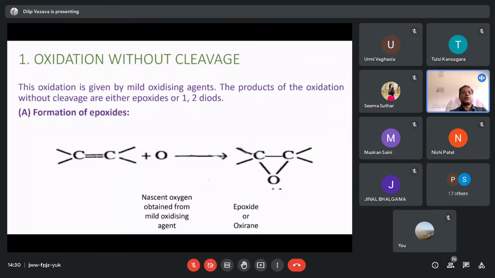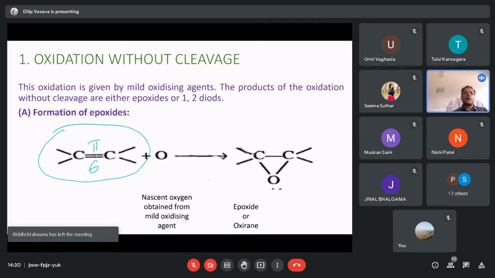This is the oxidation of the alkene without cleavage of the sigma bond. This is an alkene, correct? In that it is a pi bond and here it is the sigma bond.